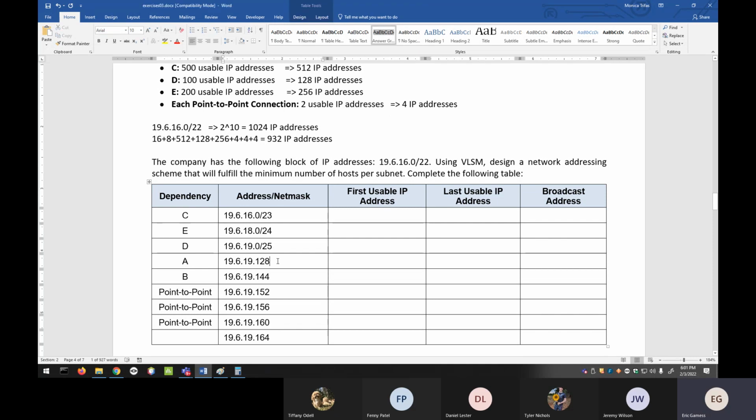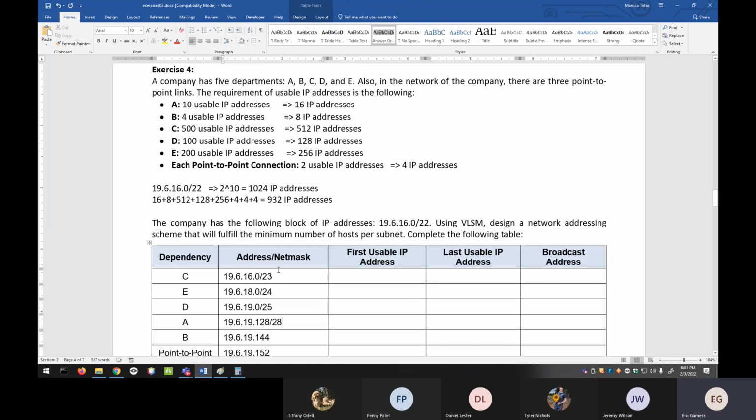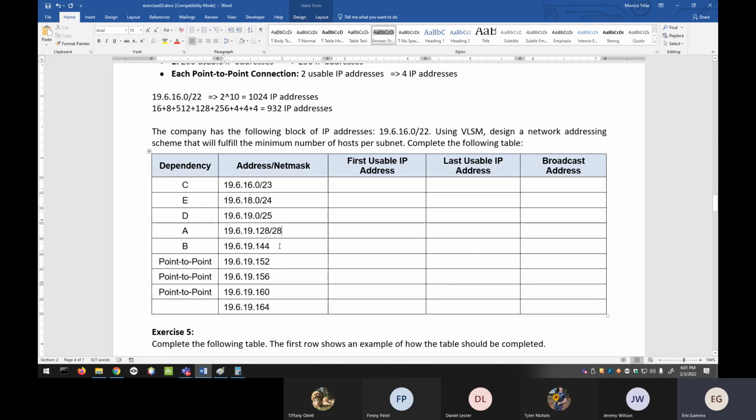It will be what? 28, correct. B needs 8 IP addresses. It will be what? 29, no? On the point-to-point, 30, 30, 30. So that is easy to fill.